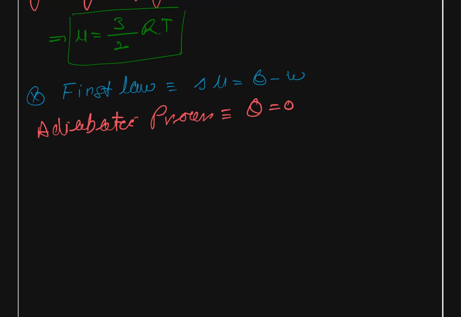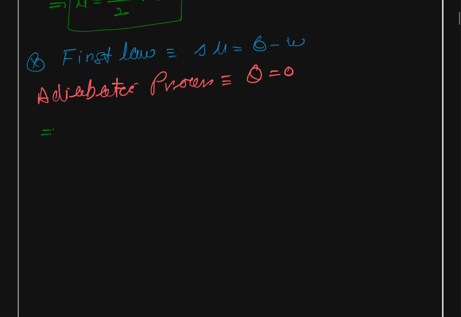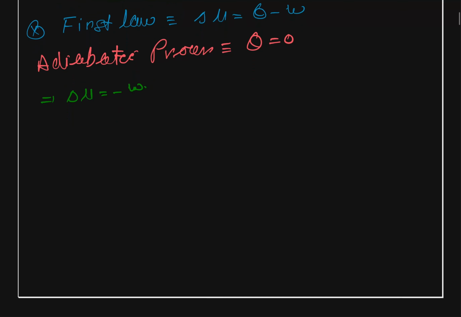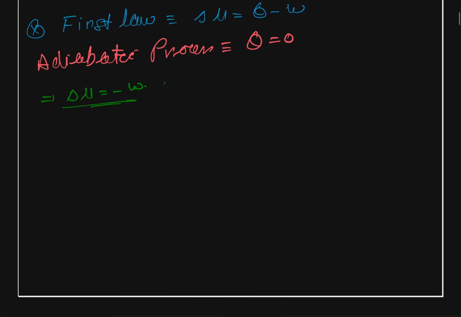Therefore the change in internal energy delta U will be equal to minus W. Basically this means that the work done by the gas during expansion is positive, so the internal energy decreases because delta U is negative.